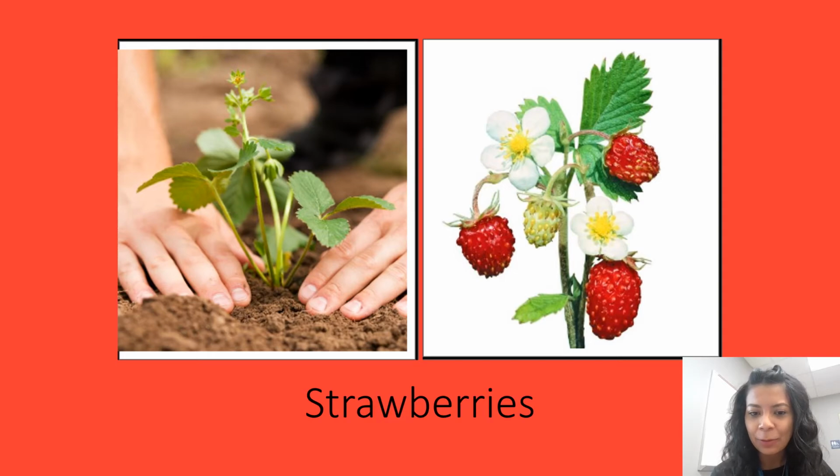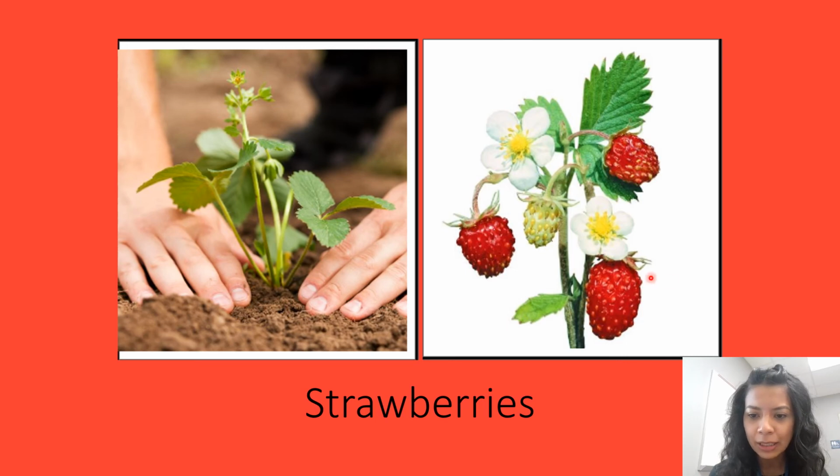Our next plant that we have here is strawberries. On this side is the baby plant of a strawberry, and on the other side is a fully grown adult plant strawberry. Here on this side, we see that the leaves have already grown. We see maybe a flower there starting to bloom, another one getting ready, but we don't see the strawberries on this plant just yet.